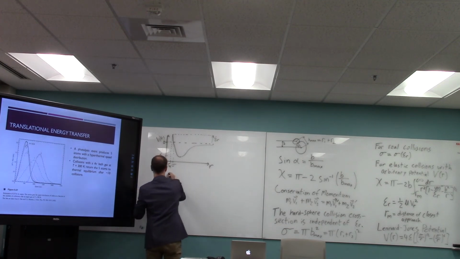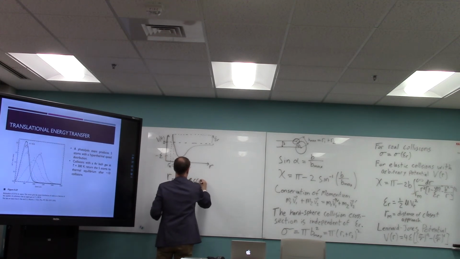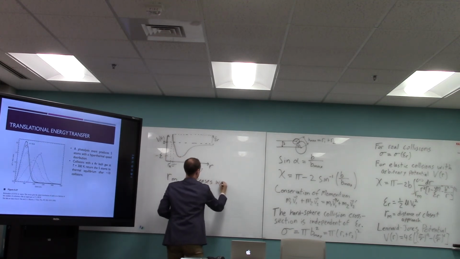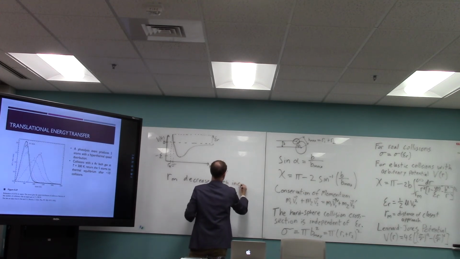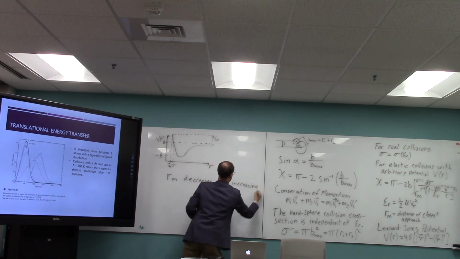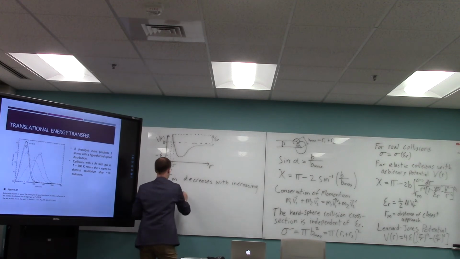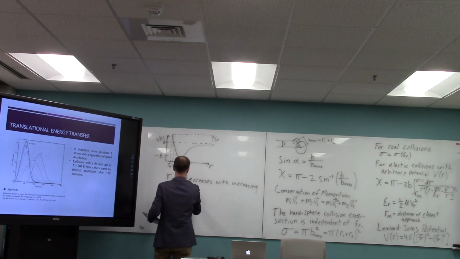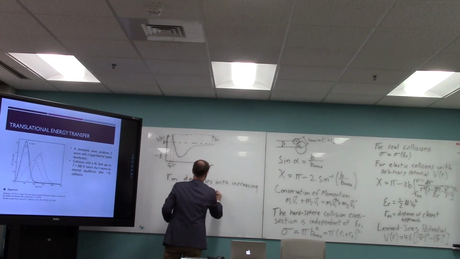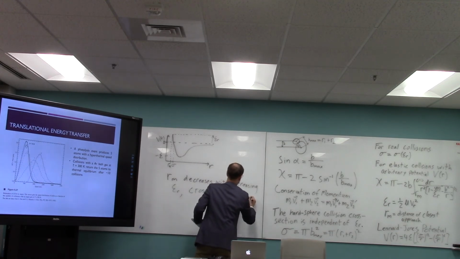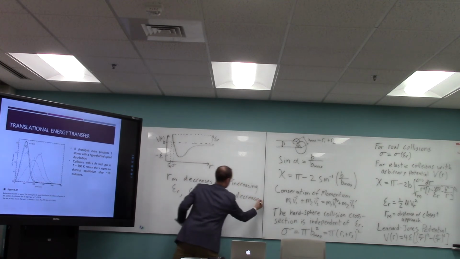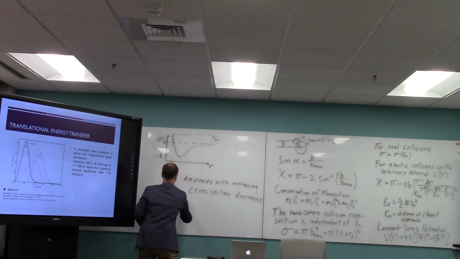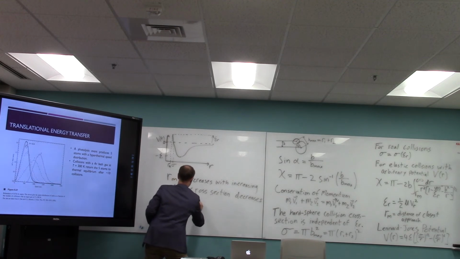And so since Rm decreases with increasing relative energy, you would expect that the cross-section also decreases with increasing collision energy.